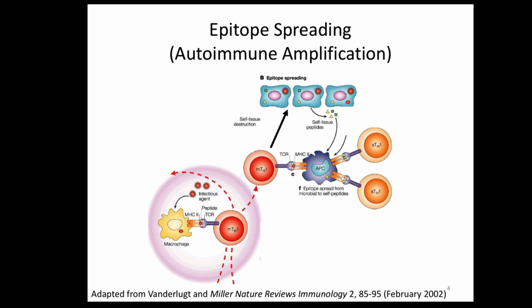Sometimes it can also relate to some of the other mechanisms that we'll see in terms of amplifying them. So you can see it's also listed here as autoimmune amplification, because epitope spreading can happen in a lot of the cases we're going to talk about to make things worse.